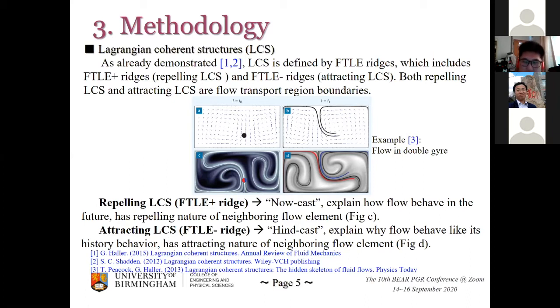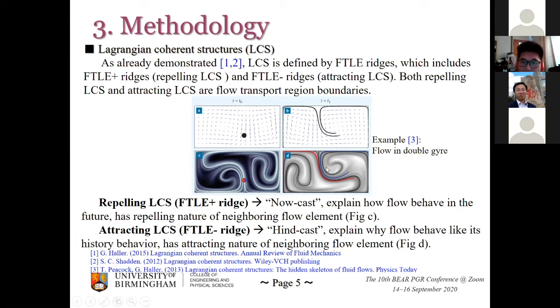That means when something happens, we can know the reasons. In figure D, this is a backward FTLE, and the black line is the backward FTLE ridge. And we know the attracting LCS is also a boundary.